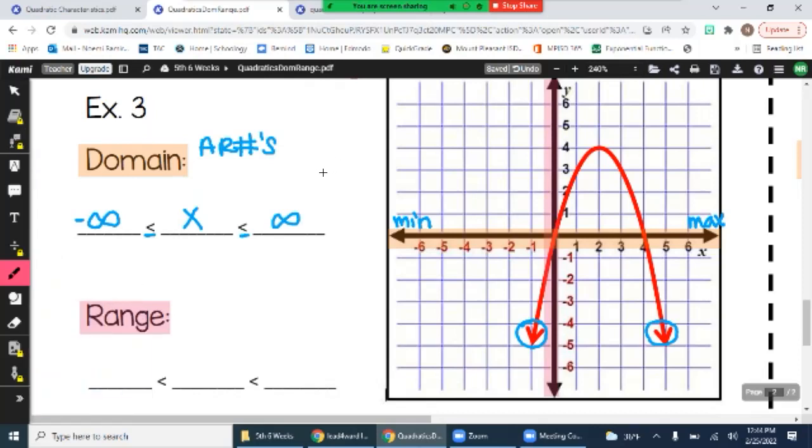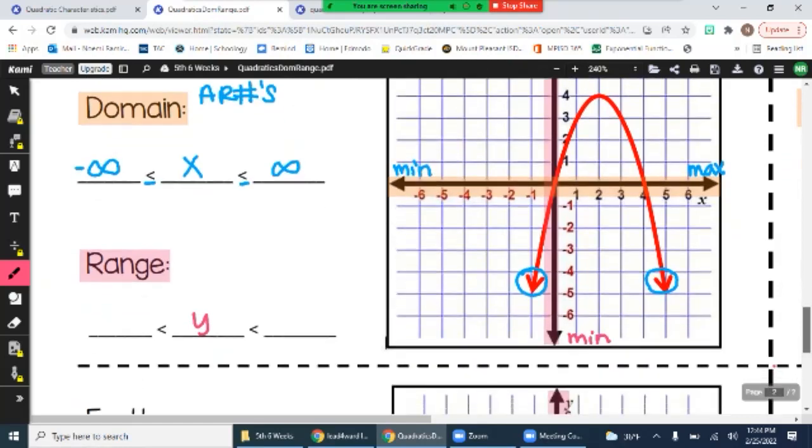Ready? What's the first thing that I fill in the middle for the range? y. Where is my minimum? And the maximum? Okay. So if I go to the bottom of my parabola, Yesenia, what do I get? The bottom of my parabola, the minimum. What do I see?